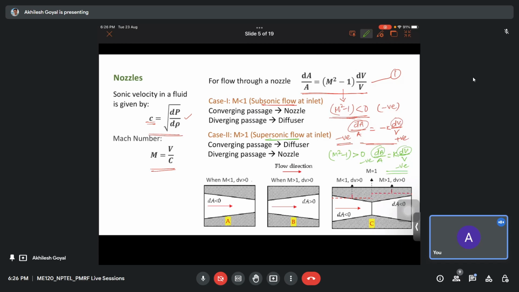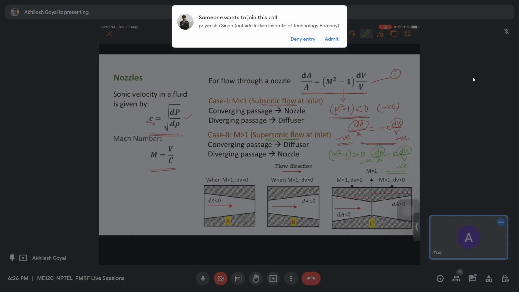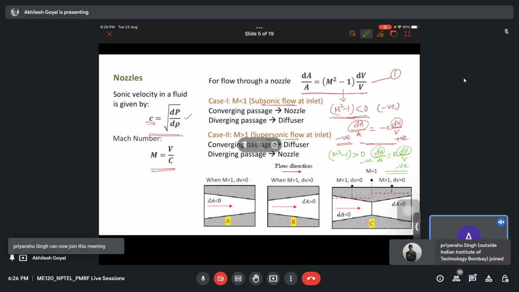Now see in the figures. So when a nozzle is designed for a supersonic velocity of the exiting stream jet, we consider these two cases. When the velocity of the fluid is subsonic, we use a converging passage so that the velocity of steam continuously increases.